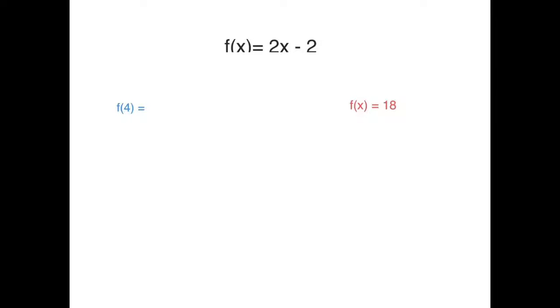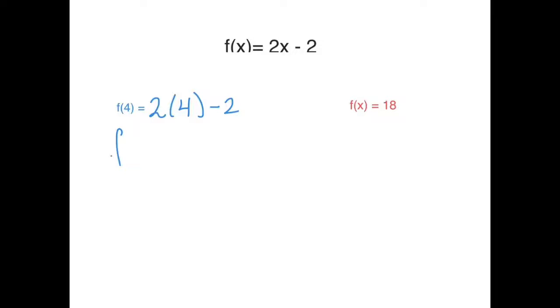As I mentioned before, this is the equation that we're using, 2x minus 2. And 4 represents the x value that we're going to use in my function. Therefore, for me to find f of 4, I need to do 2, parentheses, x is next, but in this case, I know that my x is 4, minus 2.